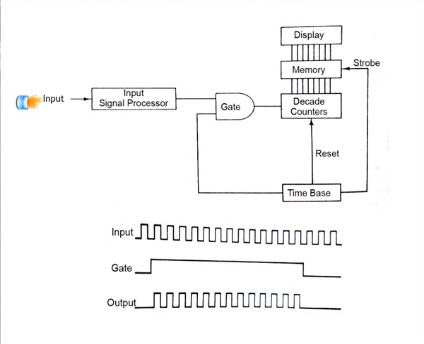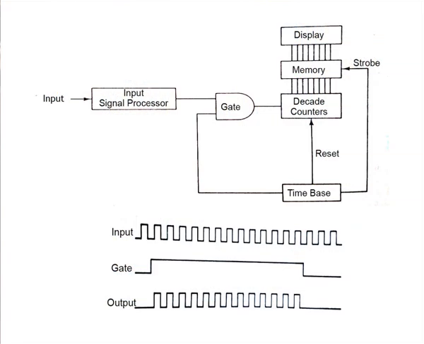The input signal is first fed to an input signal processor. Now, this signal processor may be an amplifier in case the input signal is a weak signal. It may be an attenuator in order to attenuate the signal if required, and moreover this input signal is also converted into pulses through this signal processor.